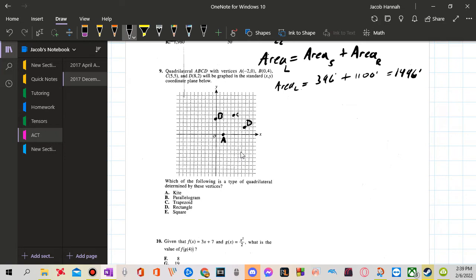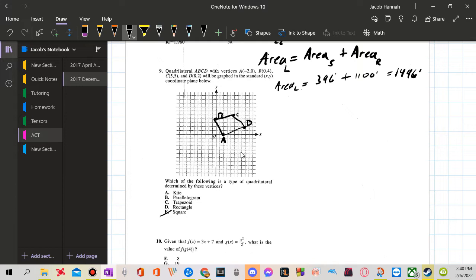Which of the following is a type of quadrilateral described by these vertices? A quadrilateral is like a rectangle, or a square, except that all of its sides aren't the same. If we did some distance formulas, we would find that these distances are most likely not the same. A square has sides that are the same, so that won't be it.